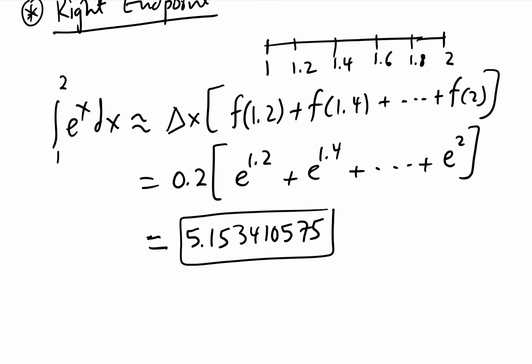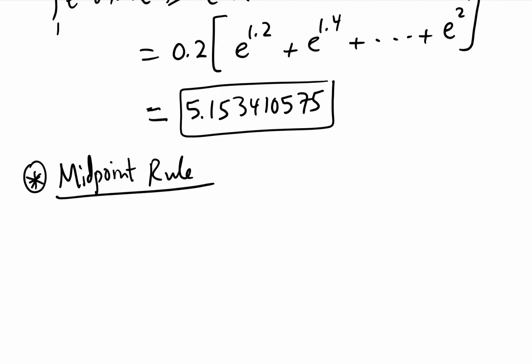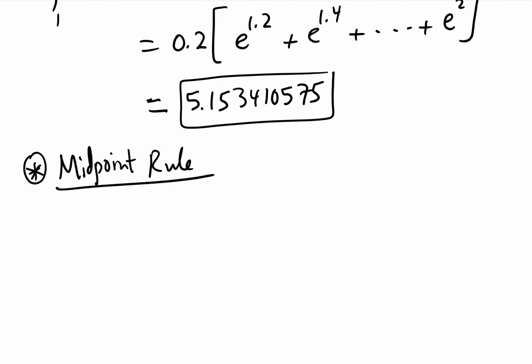On the same problem, I'm going to use the midpoint rule. So the midpoint, how does the midpoint work? Well, remember, we split that from 1 to 2 into 1.2, then 1.4, 1.6, 1.8, all the way to 2.